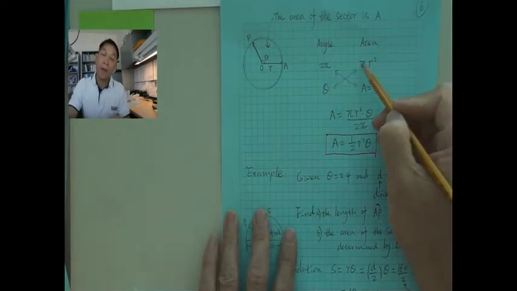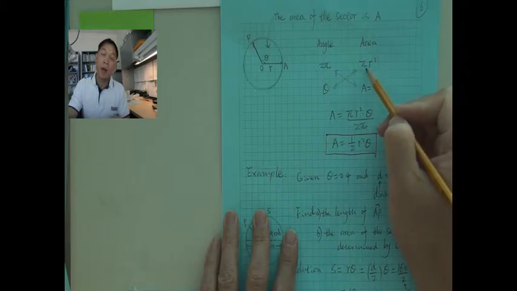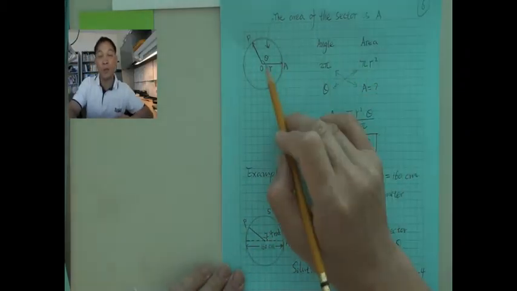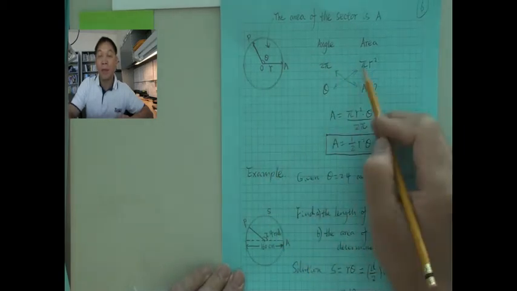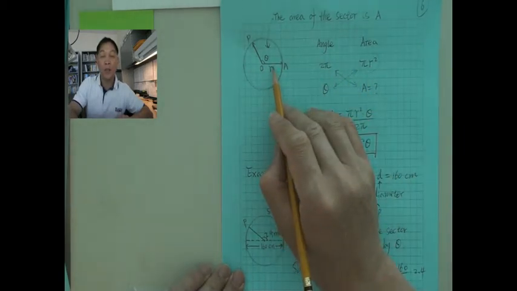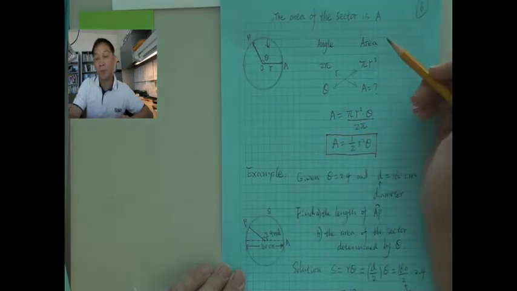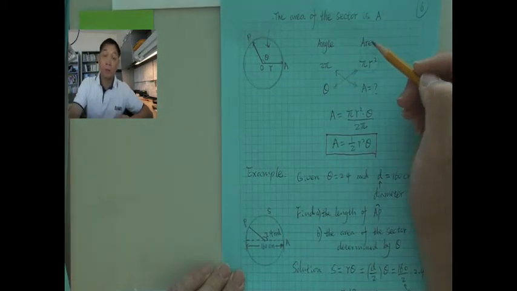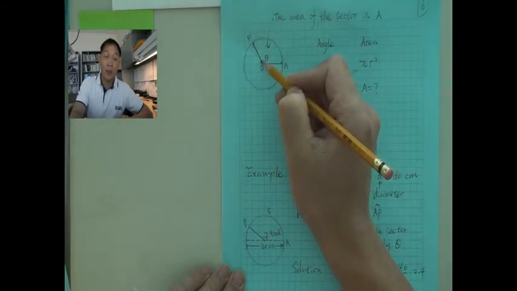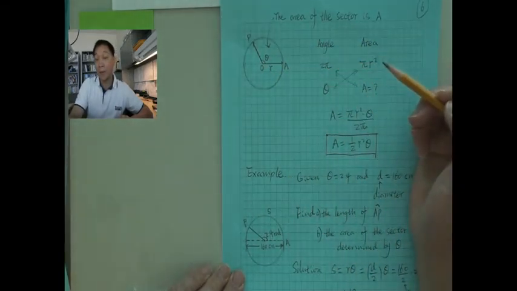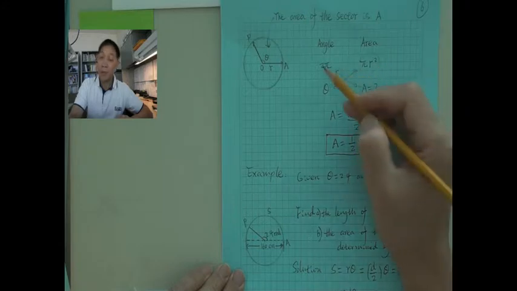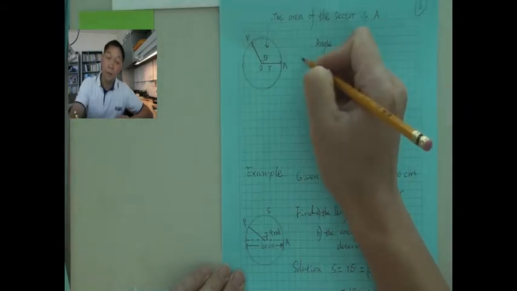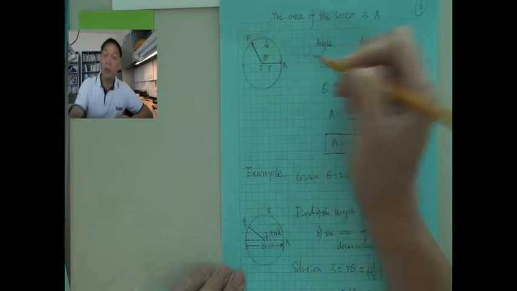The area of the disk is pi r squared. That's pi times r squared. R is the radius. That's the disk. But we know how large the whole circle of the angle is. That's 2 pi, 360 degrees.